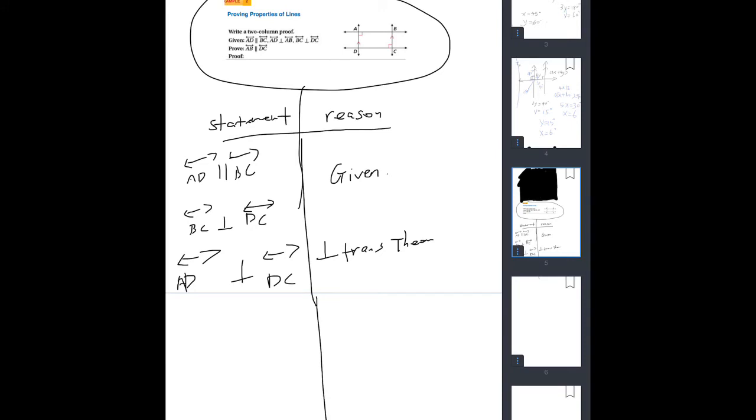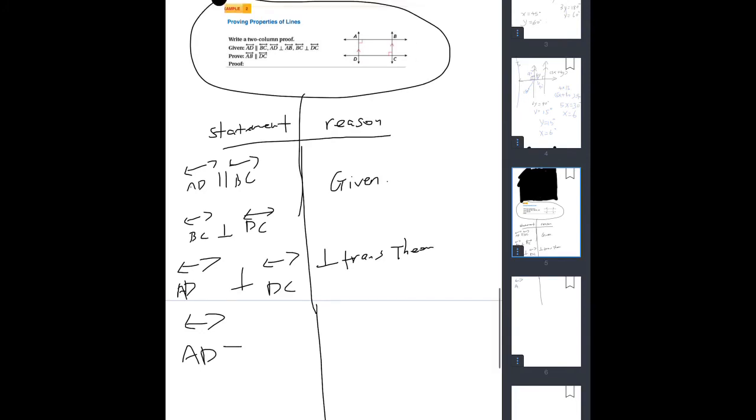So what is next? Line AD is perpendicular to line AB. What is that? That is given, from our question. So what is the final step?